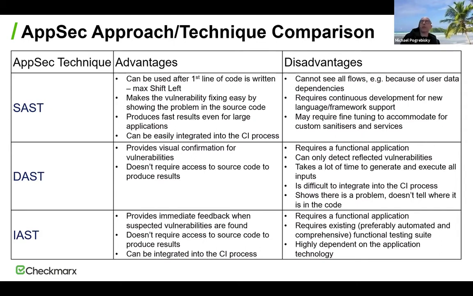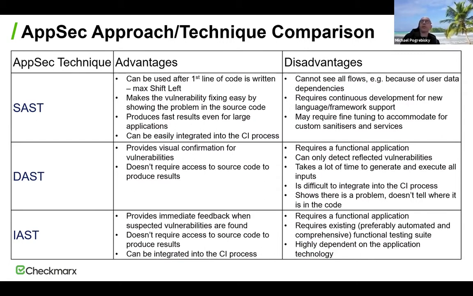The application may not be fully functional, may not even be runnable. You can already start scanning your application code, and as you create more and more components of the application, you can add them into the mix and get a better picture of the vulnerabilities.